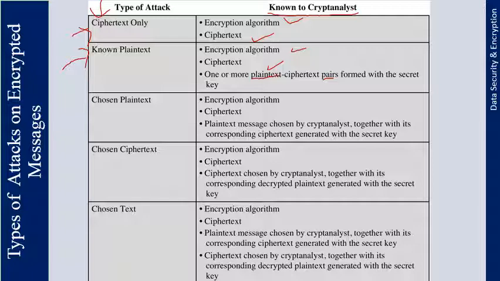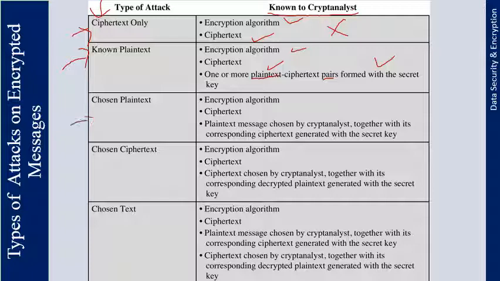He has some information, which was not available in the previous case. So with this knowledge, the analyst may be able to deduce the key on the basis of the way in which the known plaintext is transformed.